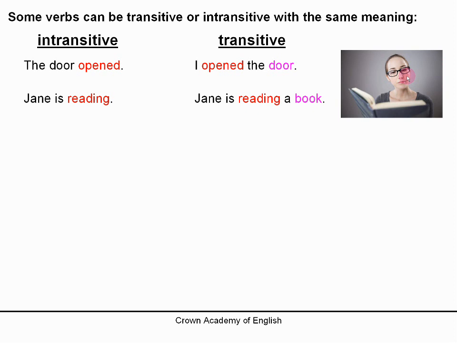Jane is reading a book, transitive. And the action of read is the same. The children are playing, intransitive. Last night we played cards, transitive, because we had the object, cards. But the overall general meaning of play is the same. It means to enjoy yourself, or to do an activity.